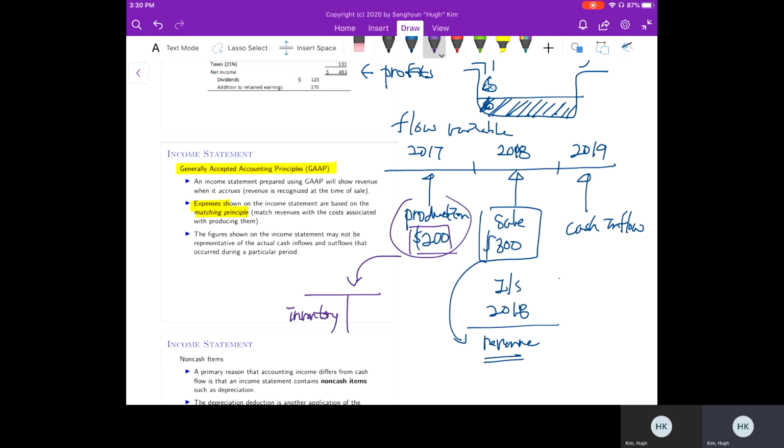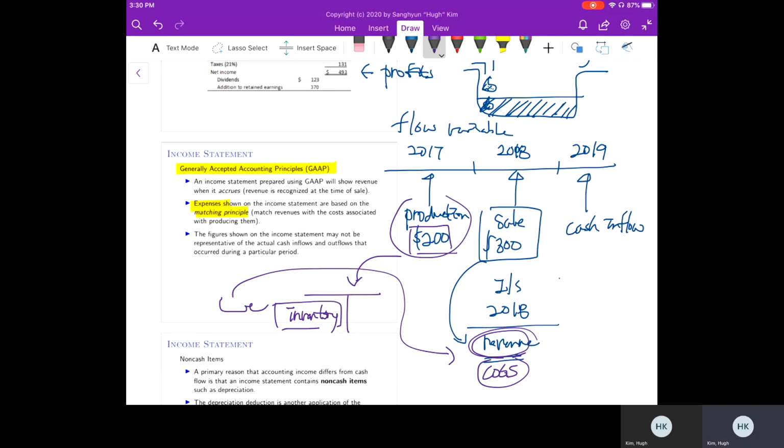So in 2018, the sale is made, then this inventory goes off the books and moves on to the income statement and is recognized as cost of goods sold for 2018 to match revenues with cost.